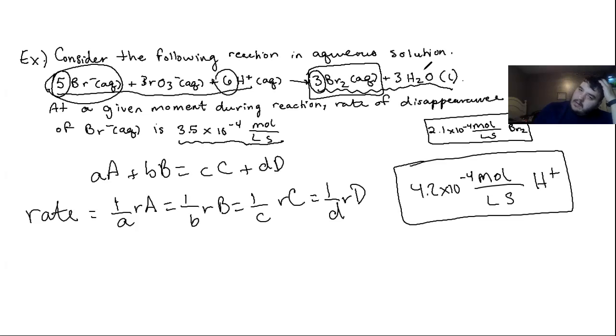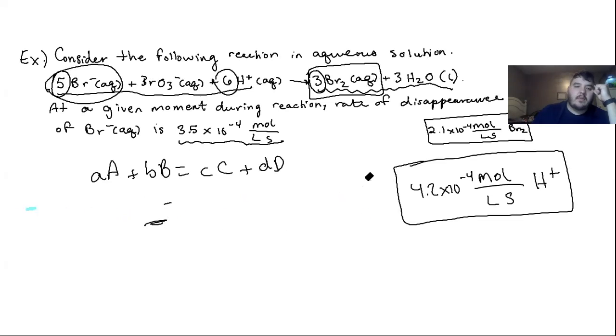Now notice we didn't use H2O and we didn't use bromine, but we can find those two doing the same concept. Now, let's call our A bromine. Let's let our B equal diatomic bromine, and let's let our C equal hydrogen. And let's find out if these do indeed match. So let's first try with bromine. So we know if this is bromine, this is 5.